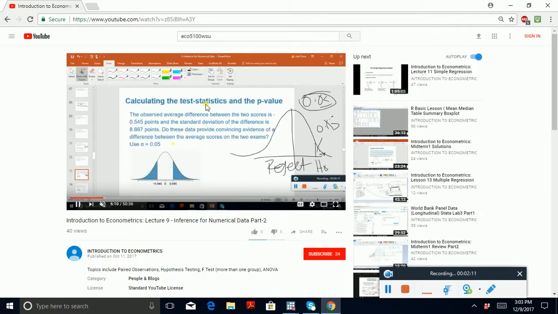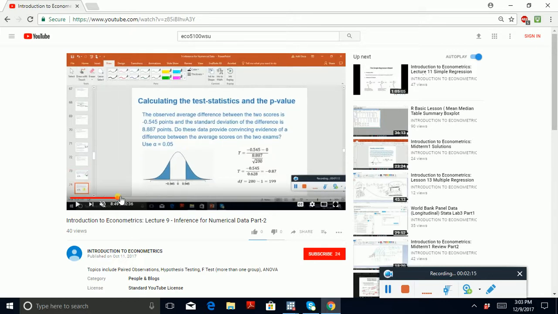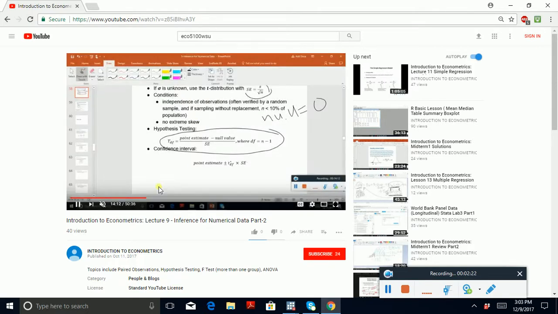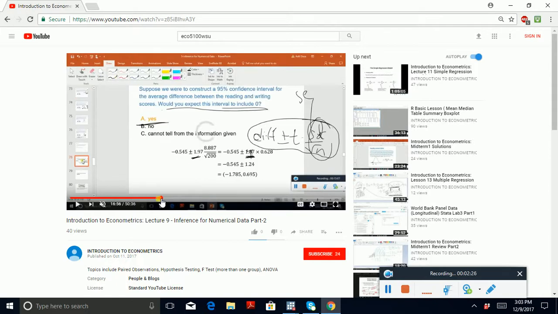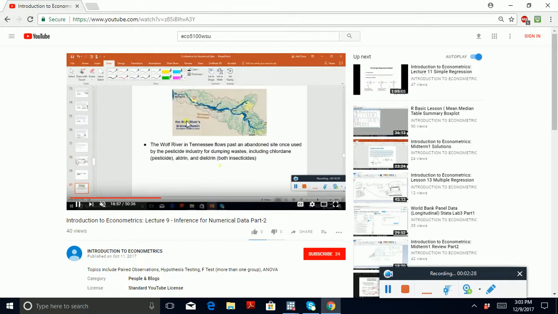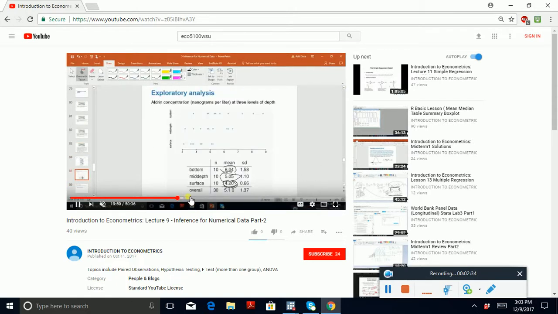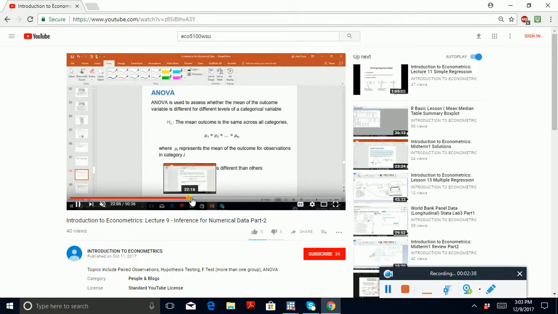Calculating test statistics, p value, extremely important. So these are very important for the final. So practice the questions as I'm scrolling through. So ignore from 16. Okay, I'm not going to ask this example, minute 16, which again talks about the paired example, right? But from 22 onwards you have to know.